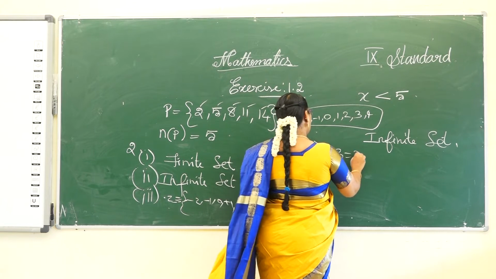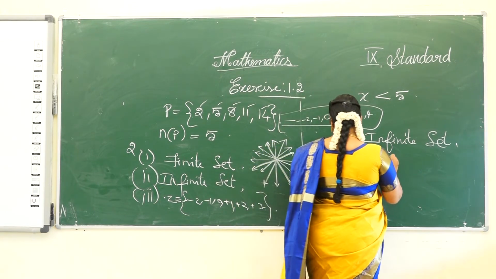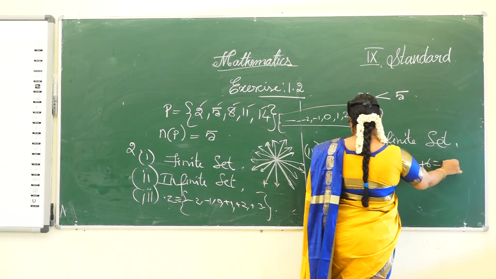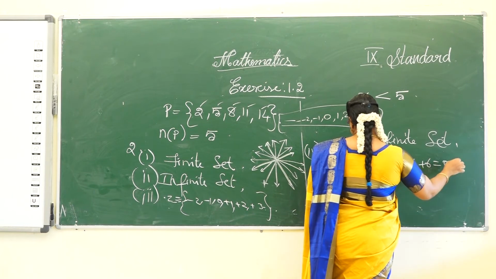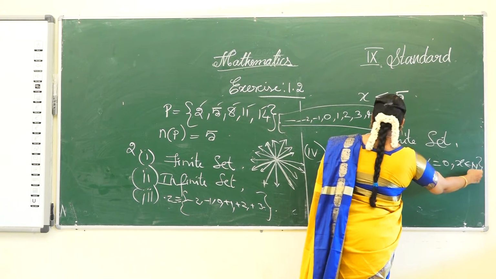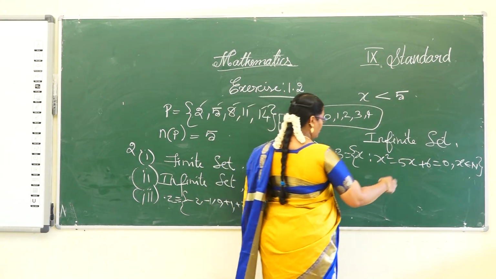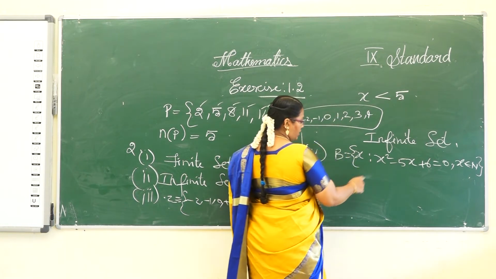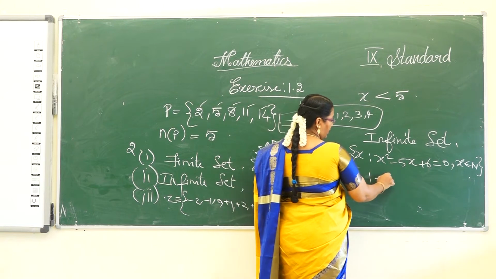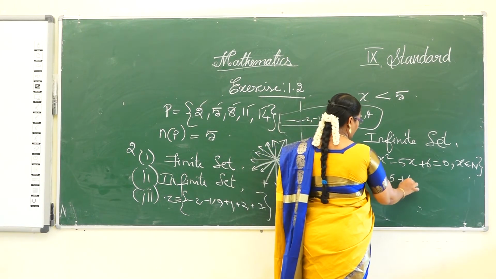And next one, fourth problem, B is equal to x such that x squared minus 5x plus 6 equal to 0. So, x belongs to N, natural numbers. So substitute natural numbers, start from 1. Substitute the x value as 1. So 1 minus 5 into 1, minus 5, plus 6.